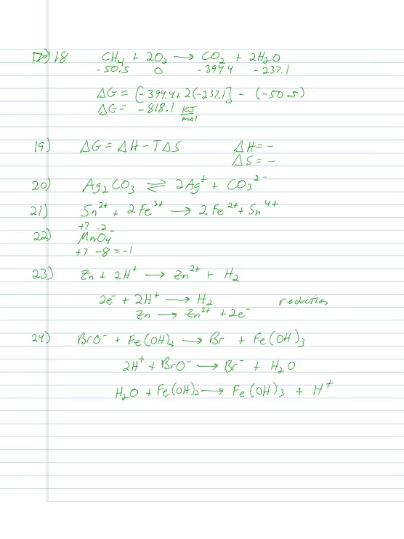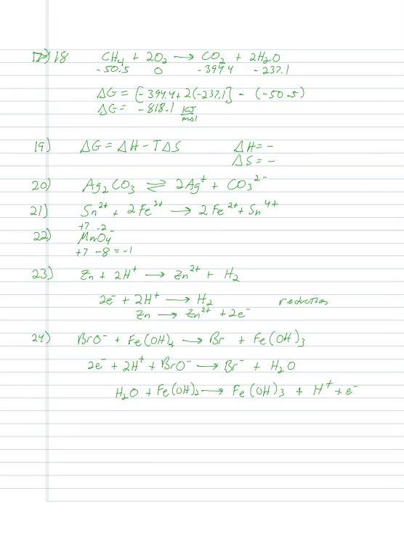No, 1 takes me down to 0, to neutral, and then I got to add another one to get to the minus. Okay, so I'm going to add 2 electrons over here. And then over here I have no charge in the products. Over here I have a single plus, and so I've got to add an electron to that side there.